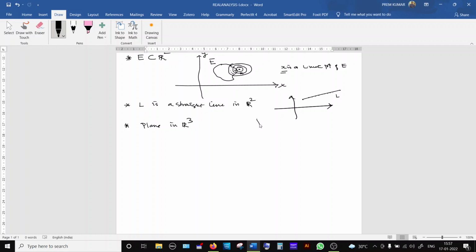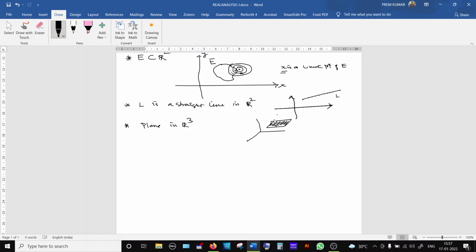Suppose this is a plane, and there exists no limit point outside this plane. If you say that this is a limit point of this set, then in 3 dimensions an open ball is like a sphere with center at this point.